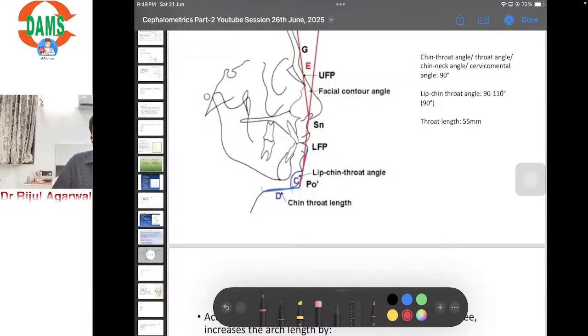Chin throat angle, likewise there is lip chin throat angle as I mentioned, and the throat length. The average throat length should be 55 mm.